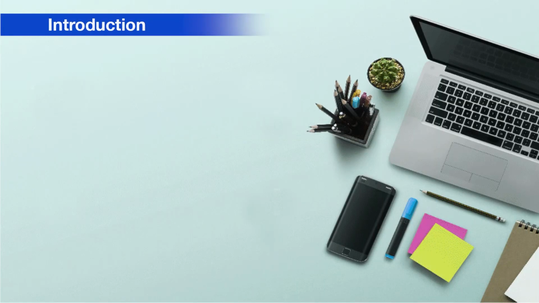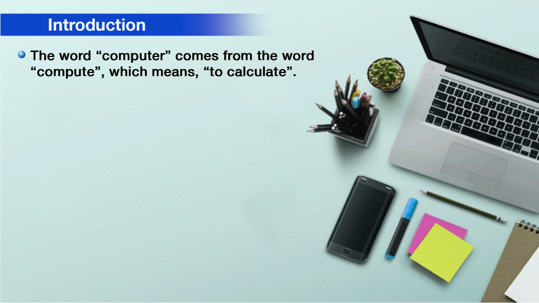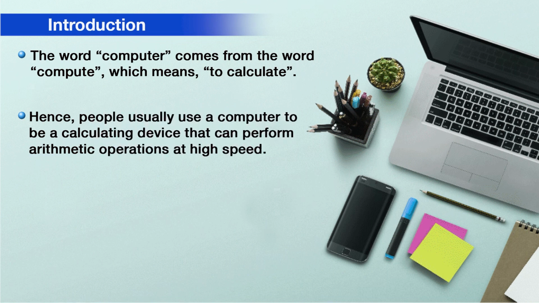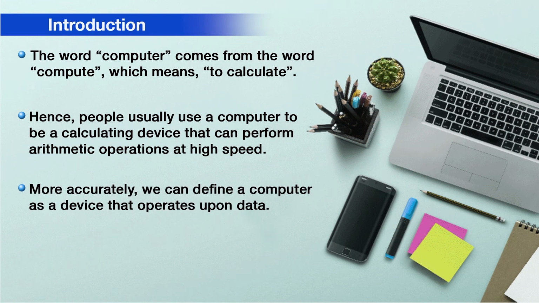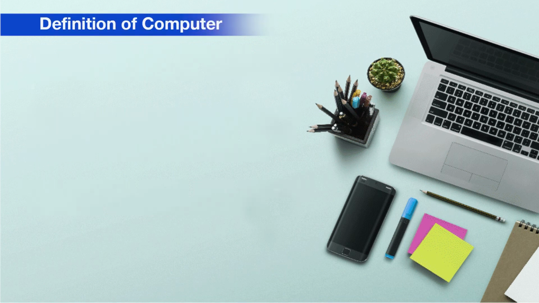Now, introduction to computer. The word computer comes from the word compute, which means to calculate. People usually use a computer as a calculating device that can perform arithmetic operations at higher speed. More accurately, we can say that a computer is a device that operates upon data. So, what is the definition of computer?